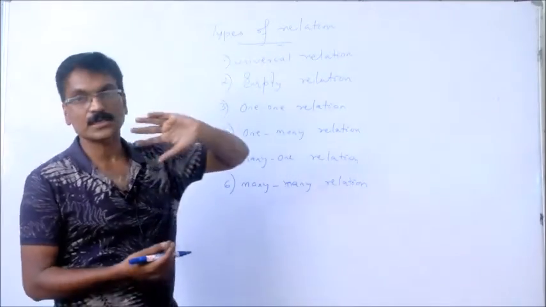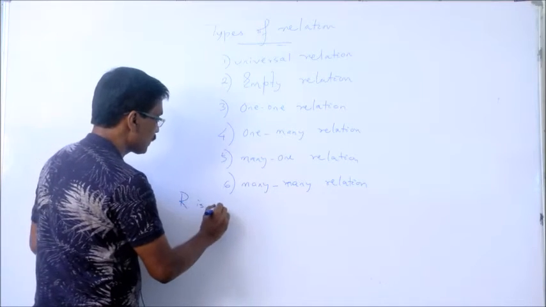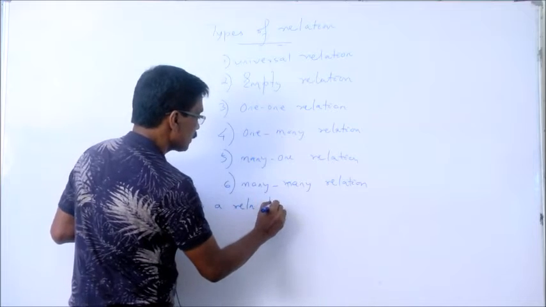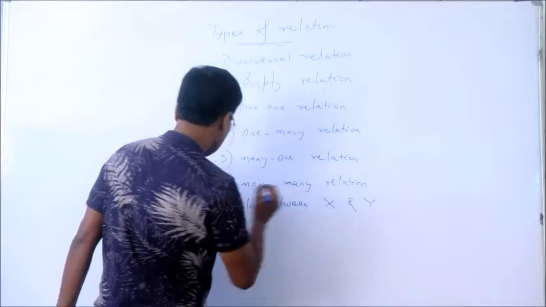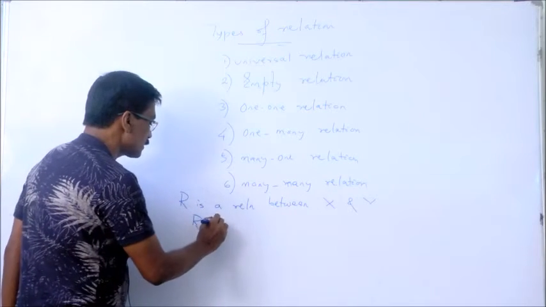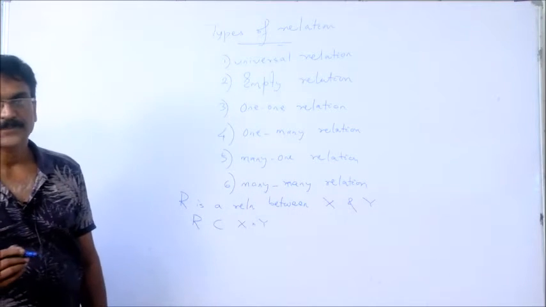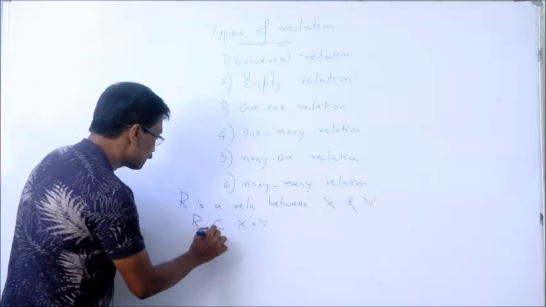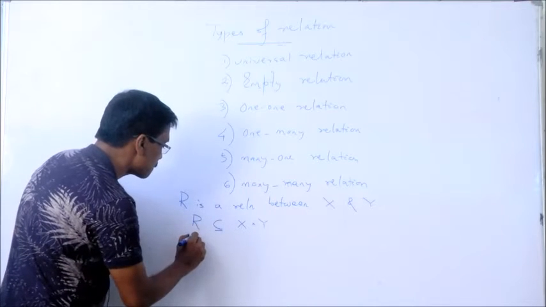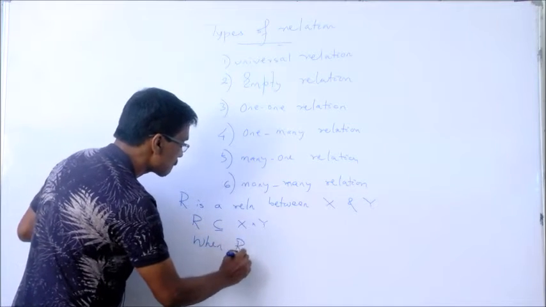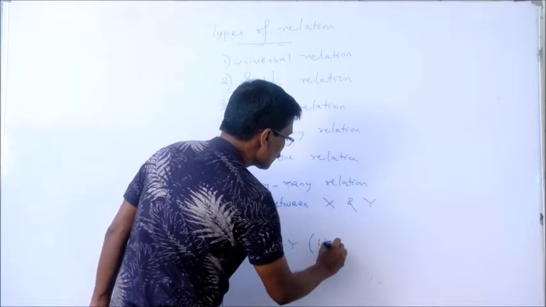So, what is universal relation? Suppose R is a relation between x and y sets, then R is a subset of X cross Y. When R is equal to X cross Y, it is called universal relation.